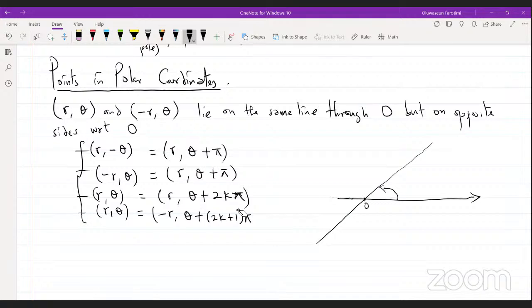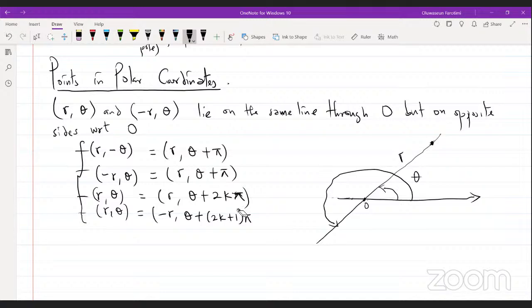This point is my origin, and we have subtended an angle, this is angle theta. This is a point, and the distance between the origin and this point is called r.